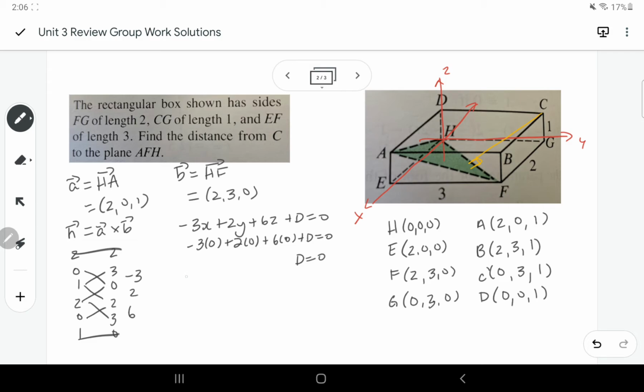So this equation of the plane is negative 3x plus 2y plus 6z equals 0, or writing it in proper form, eliminating that leading negative. So here's the equation of my plane, and the point C that I want to find the distance for is 0, 3, 1.